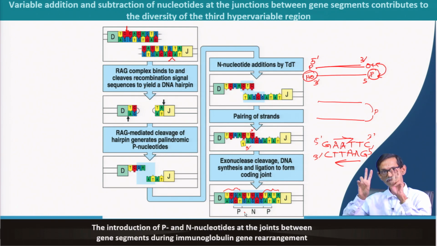In case of heavy chain there are 2 sites where N and P nucleotide addition will happen, and it is very unlikely that each time this addition is identical, as it is completely random, and this N and P nucleotide addition gives a huge amount of diversity, okay, huge amount of diversity.